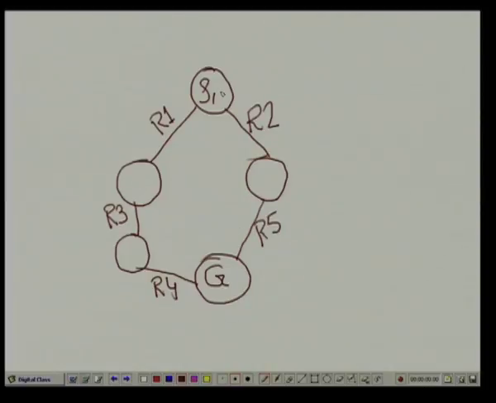So, when I am in this state S1, obviously, when R1 and R2 are in conflict, which one should I select? If I sit over here and look at this state, and can at least guess which one of R1 or R2 will bring me closer to the goal, then that can be used as one of the strategies for selection.